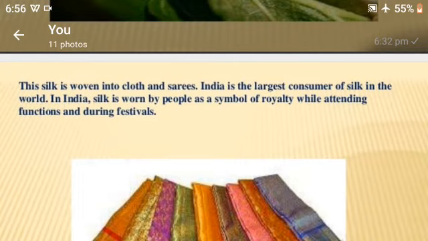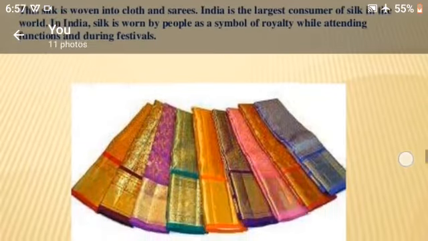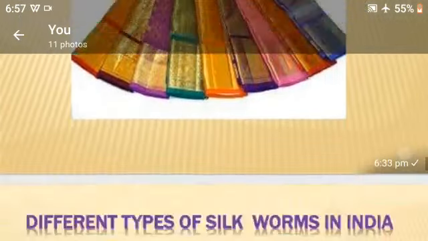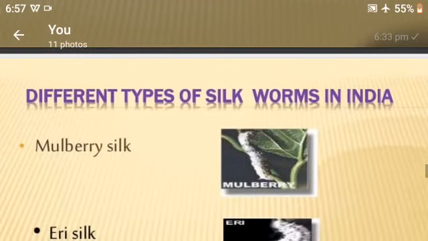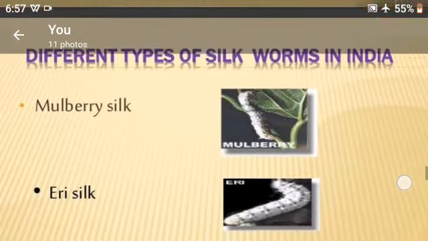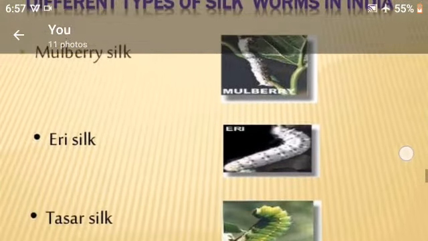India is the largest consumer of silk in the world. In India, silk is worn by people as a symbol of royalty while attending functions and during festivals. Silk saris. Different types of silkworms in India: Mulberry silk, Eri silk, Tussar silk, and Muga silk.